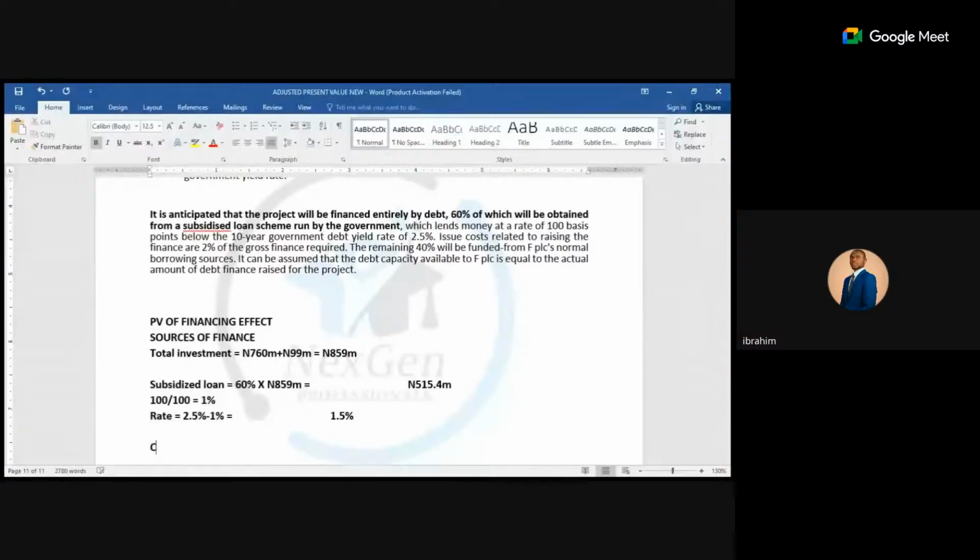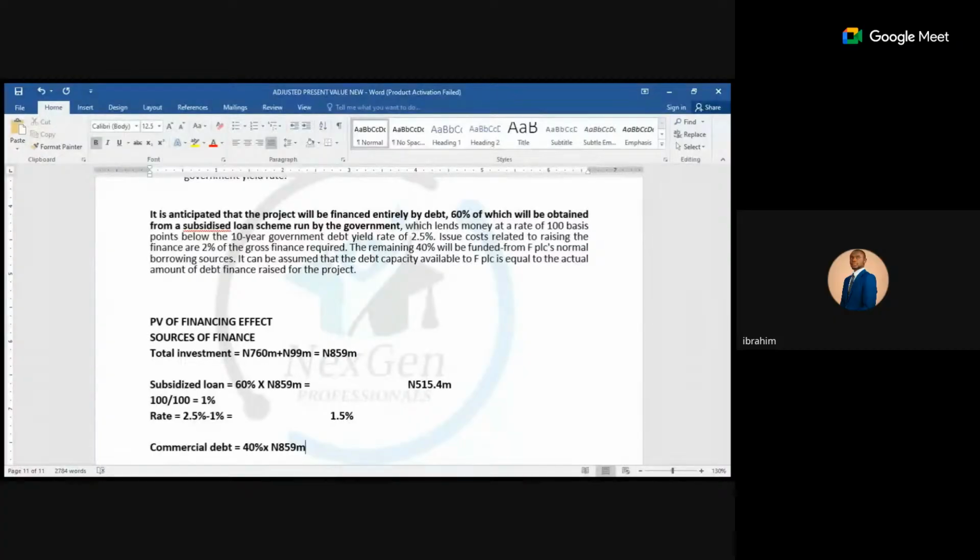So commercial debt is equal to 40% of 859 million.